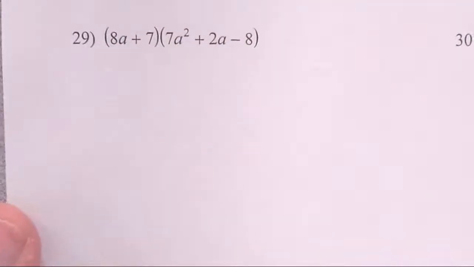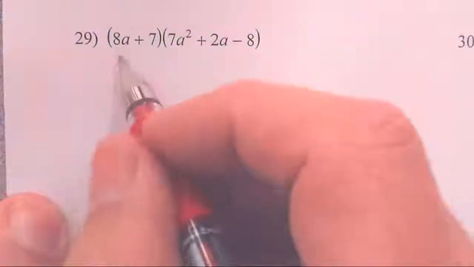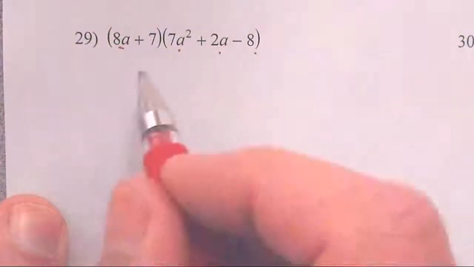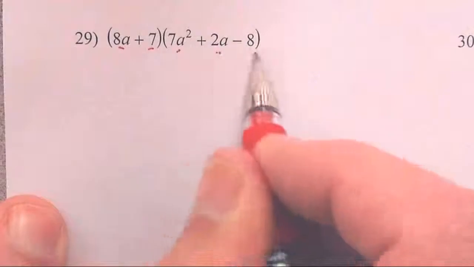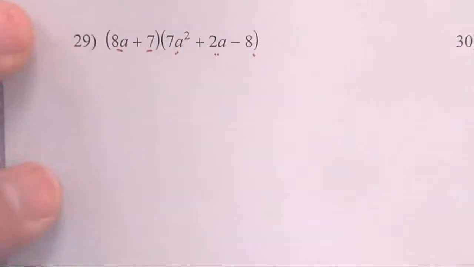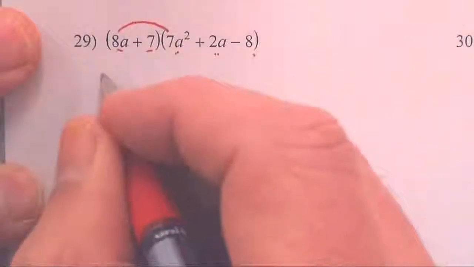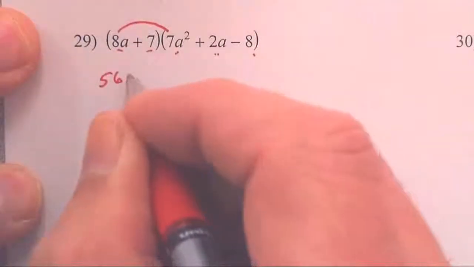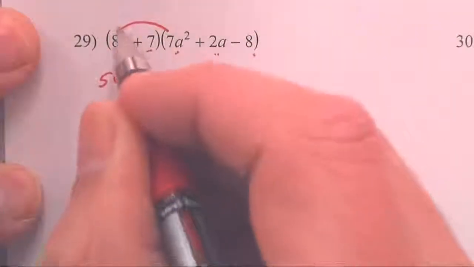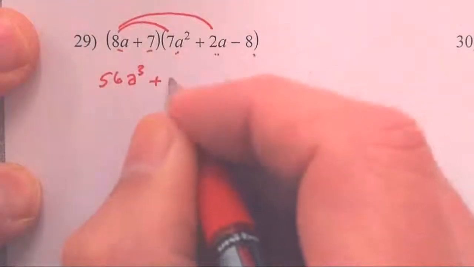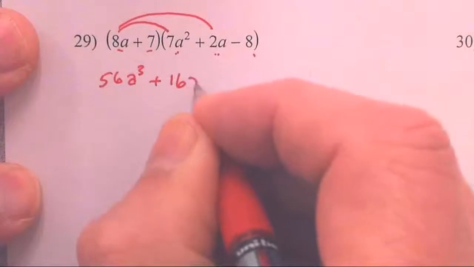I don't have a nice little FOIL abbreviation for this. I just call this super FOILing. I need to make sure I take 8a times each of these three terms and 7 times each of these three terms, and I handle it with the little arcs. Plus times plus plus, 8 times 7, 56 combined, they have 3 a's. Plus times plus plus, 8 times 2, 16, and a pair of a's.